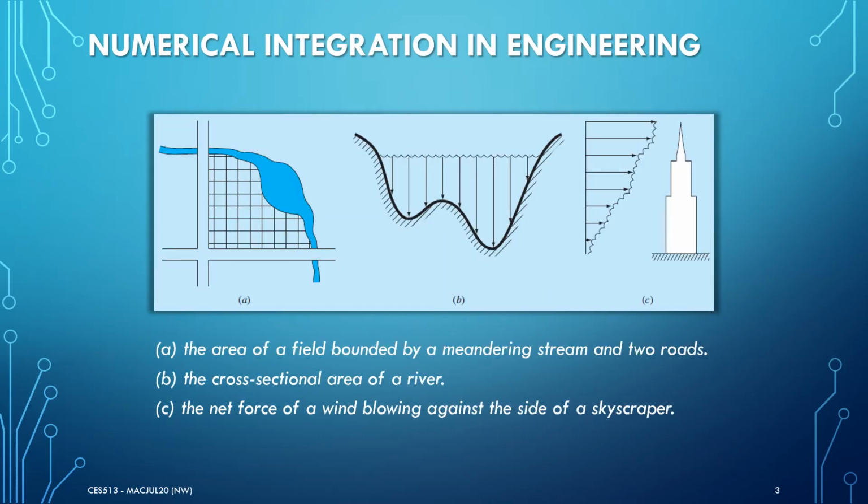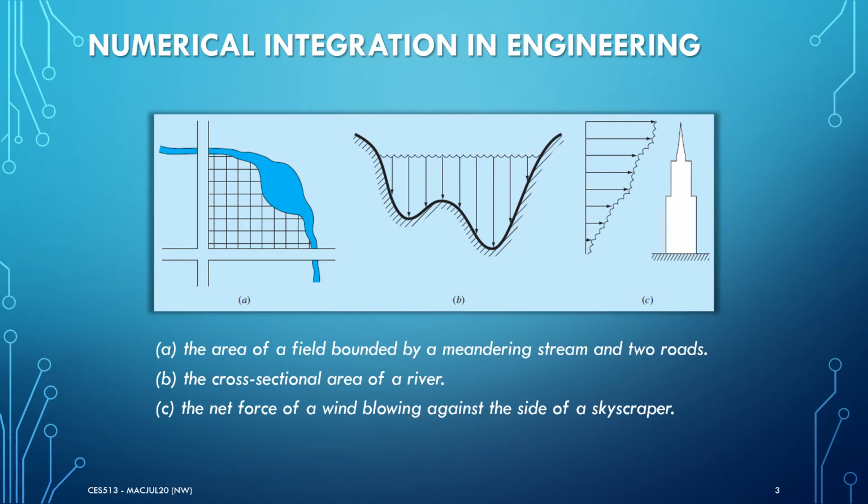Next, the figure shown here gives examples of how integration can be used to evaluate areas in engineering applications. For example, in figure A, a surveyor might need to know the area of a field bounded by a meandering stream and two roads.